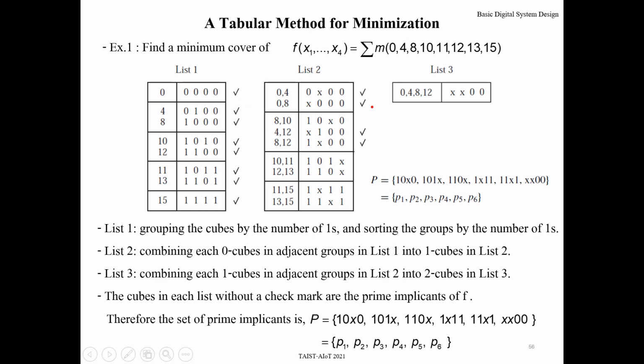Okay, now compare this one and this one. Compare this term and this term. Okay, it cannot combine together. When you compare this term and this term, they cannot combine together. Compare this to this.